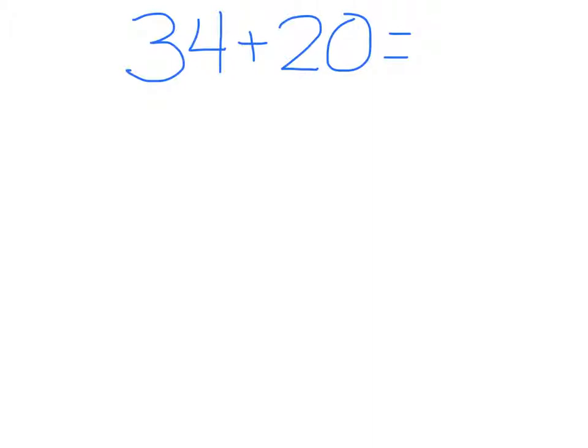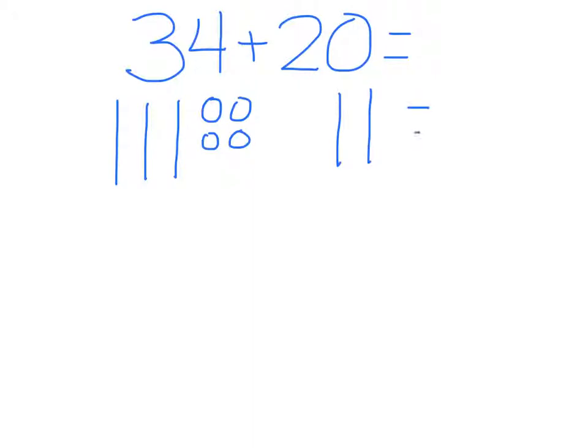If I'm going to draw a picture to go with this, I'm going to say I've got 34, 10, 20, 30, 31, 32, 33, 34, and I'm going to add 20, 10, 20, and then I know that my total is 10, 20, 30, 40, 50, 51, 52, 53, 54.